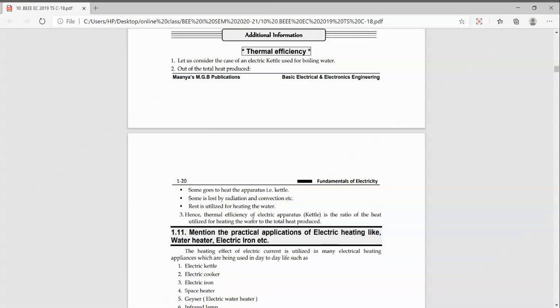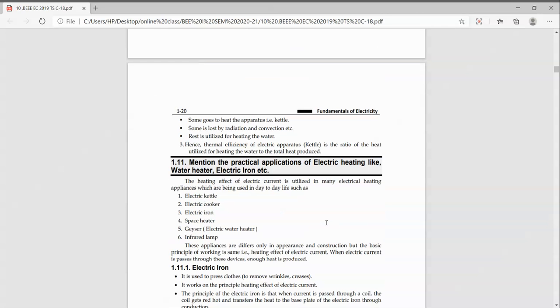So hence the thermal efficiency of an electric apparatus is the ratio of the heat utilized for heating the water to the total heat produced. Now, what are the practical appliances for electric heating that are available? That is electric kettle, electric cooker, electric iron, space heater, geyser, infrared lamps.